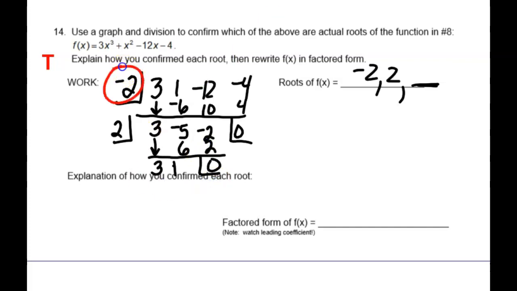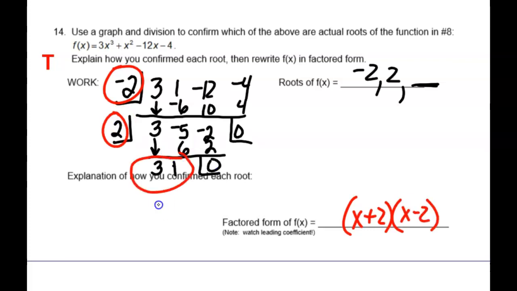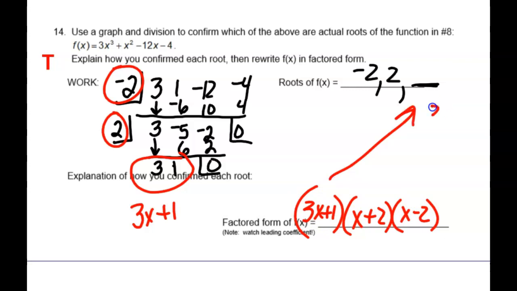How do we write -2 as a factor? Okay, how do we write +2 as a factor? And there's one left down here. What is this one that's left? Okay, I'm going to put it out front, but you don't need to. Put them in any order you want. So what is the last 0 that I don't want to forget to write up here?